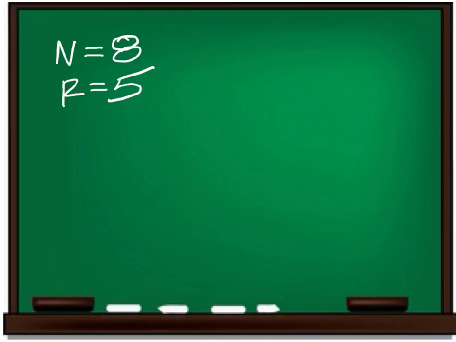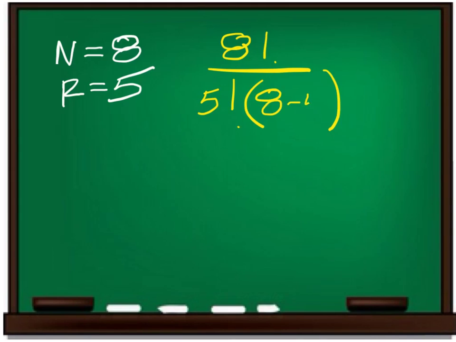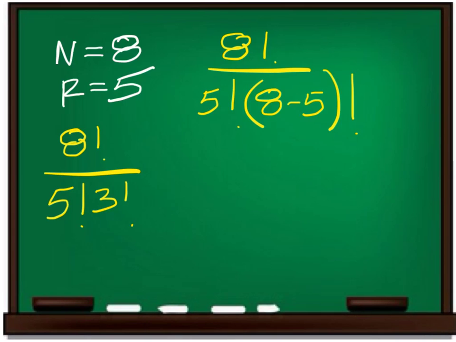On the practice problem, you should have 8 factorial over 5 factorial times the quantity 8 minus 5 factorial. So that boils down to 8 factorial over 5 factorial times 3 factorial. Cancel this out here and make it 8, 7, and 6.